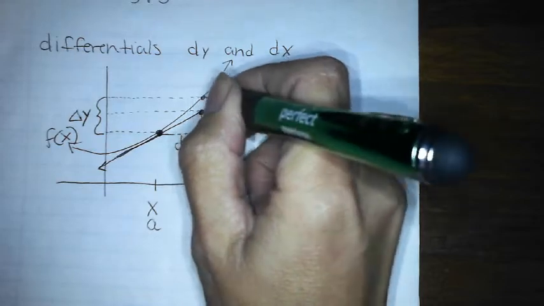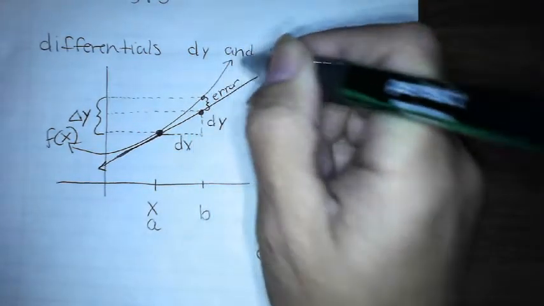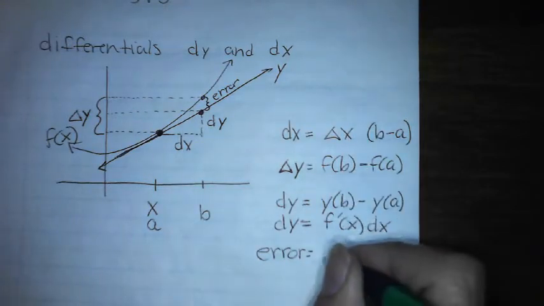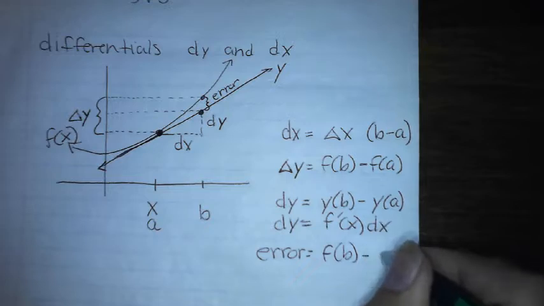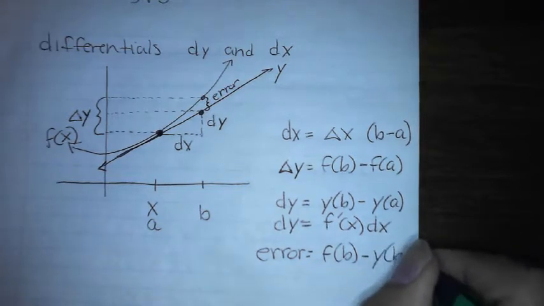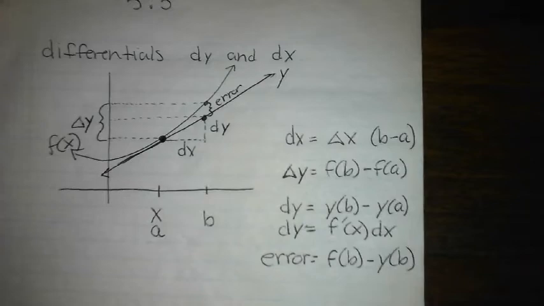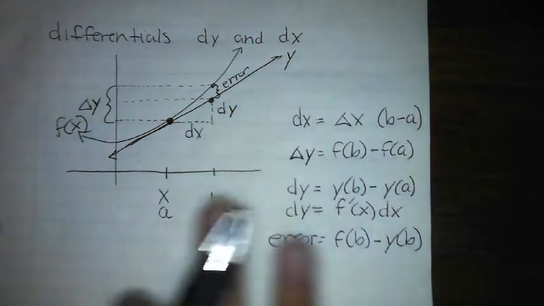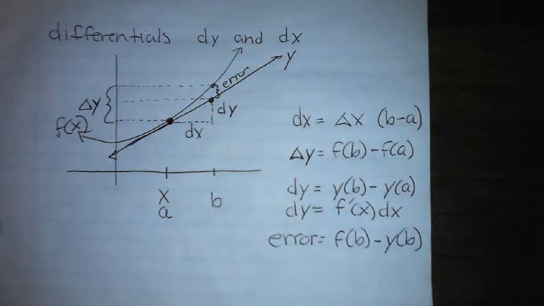This distance is called the error. So that would be the function at b minus the tangent line at b. So you're going to be subtracting the two different y values. That's error. Okay, so now that we have all of the definitions, this little chunk is what's going to guide you through the whole homework section, so keep that handy.